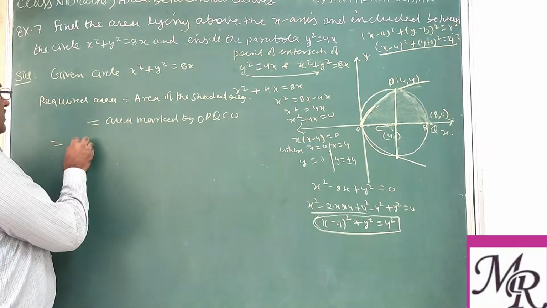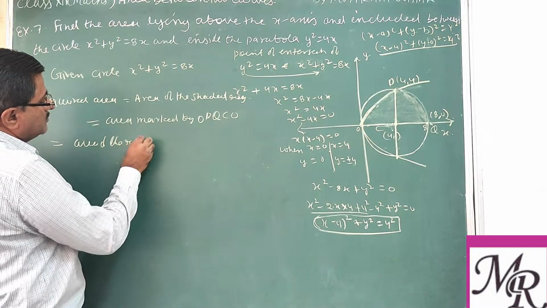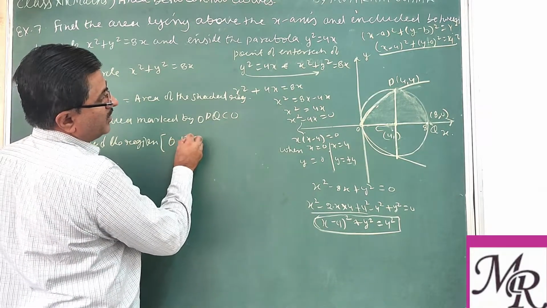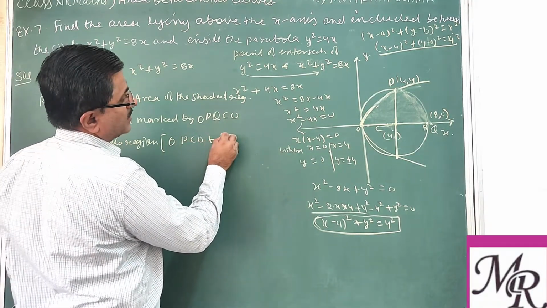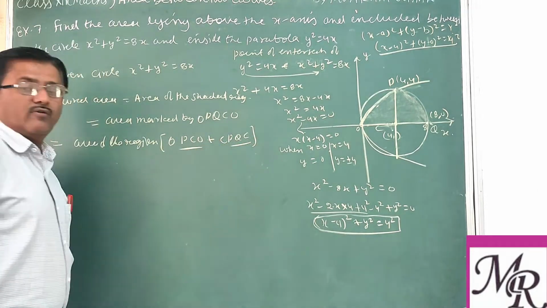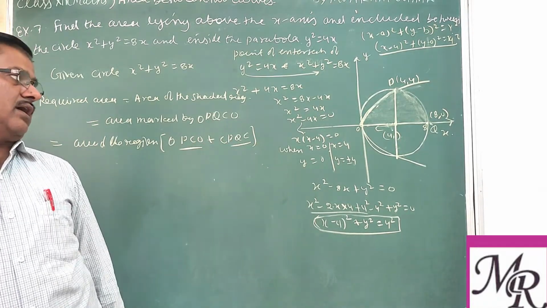So you can say area of the region which is OPCO plus CPQC. There are two parts. First is covered by the parabolic curve, second is by the circle.